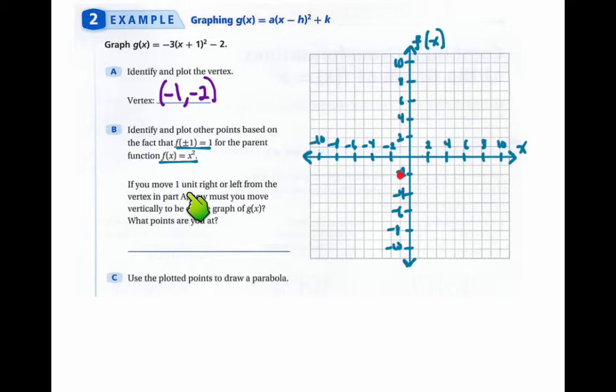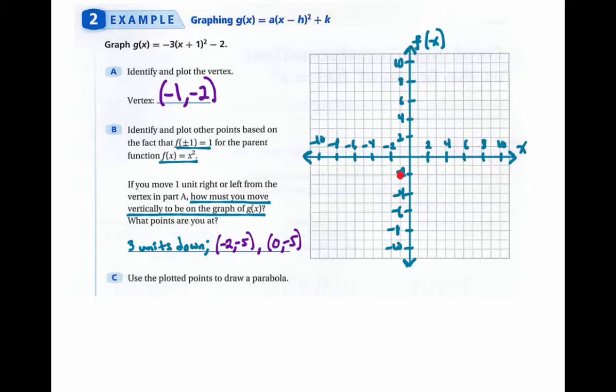Well, if we move 1 unit right or left from the vertex, how much would we have to move vertically to get back to the graph? We would have to move 3 units down, because our a is negative 3. So we'd have to go 3 units down. That's going to give us (negative 2, negative 5) and (0, negative 5).